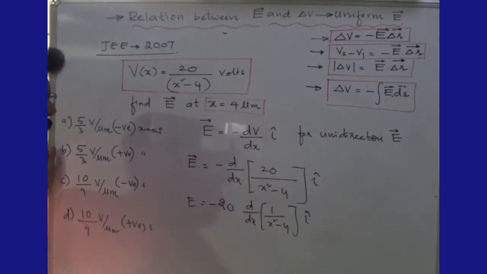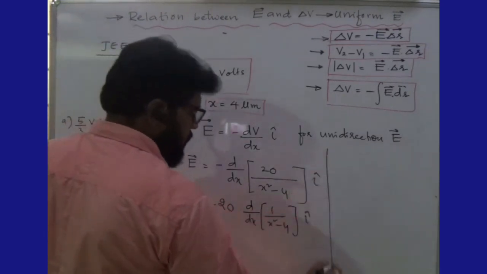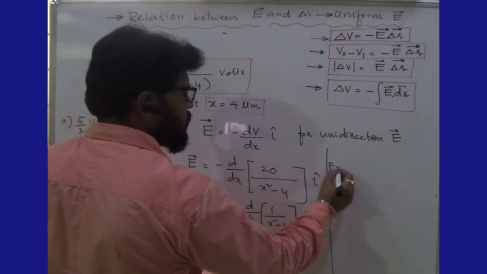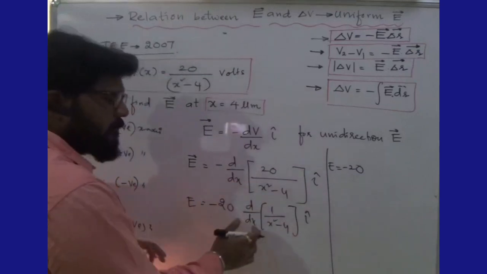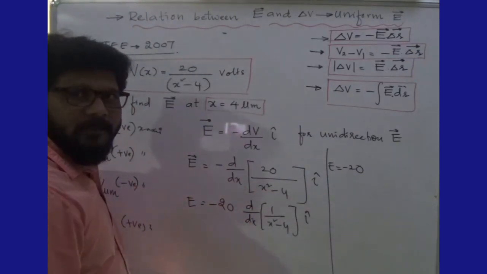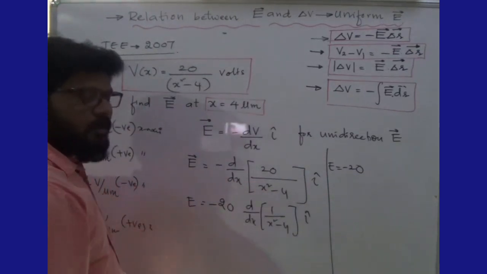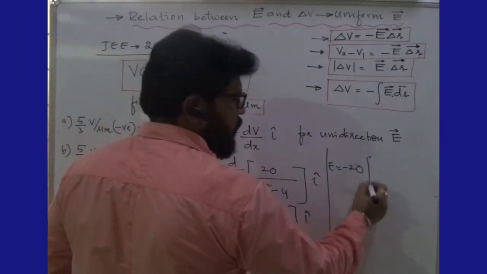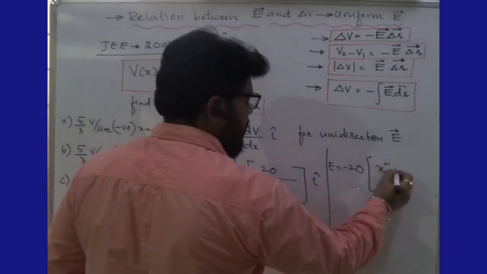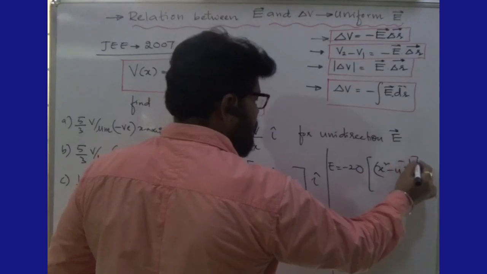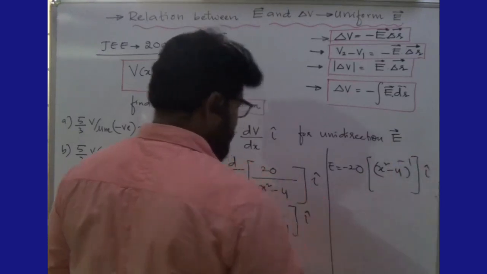If I differentiate that, what will we get? Can you tell me? E is equal to minus 20 and d/dx of 1 by x square minus 4. When I bring that to the numerator, it is x square minus 4 to the power of minus 1 into I cap.